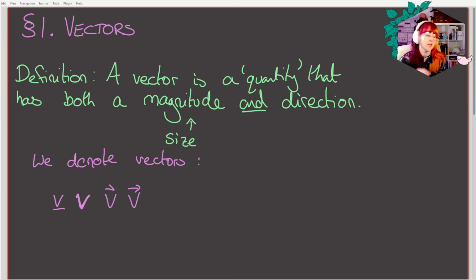That's the notation that we use to say this V is a vector. If you haven't seen the underline before, it's the one that I am actually going to be using the most, which may or may not get complicated down the line.